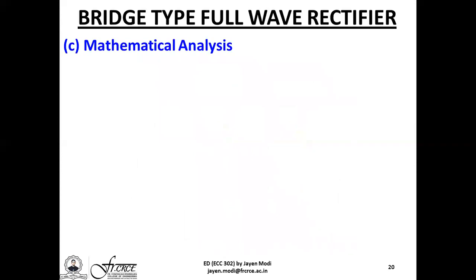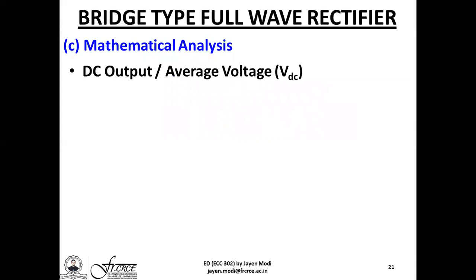Now, once we have the operation, the circuit diagrams, and the waveform very well understood, let us go further with the mathematical analysis, which in this case is exactly similar to the previous lecture session covering the center tap full wave rectifier circuit.